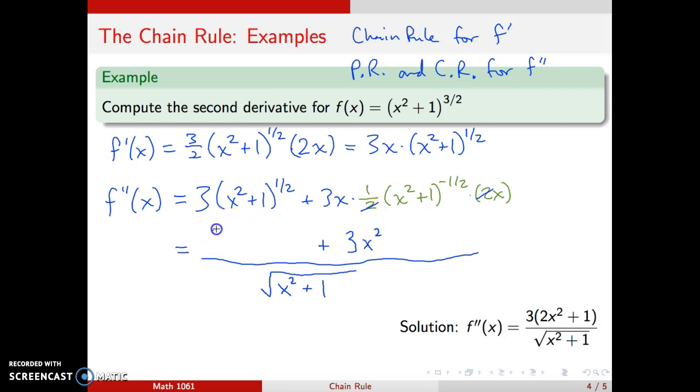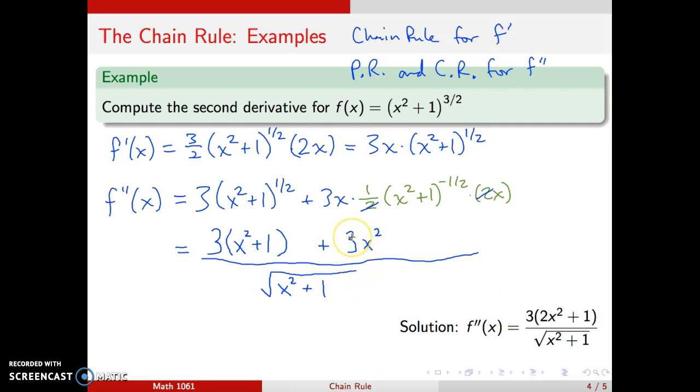So what that means is I would have 3 times x squared plus 1. Again, really sorry for the handwriting here. The pen just crapped out. Anyway. So, hopefully we're okay from there to there, if that makes sense. Again, that common denominator of square root of x squared plus 1 is what we're looking for.